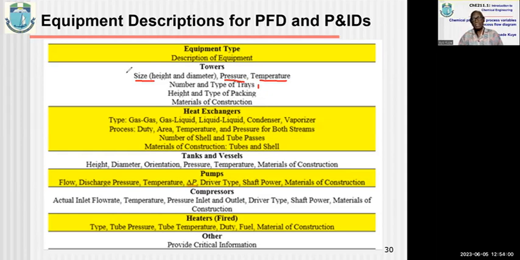I'm sure by the time you get to year 4, most of this will become fairly easy for you to understand, because you have taken courses that will enable you to use such information effectively to design the different equipment. It's the same thing for heat exchangers, tanks and vessels, and so on and so forth.